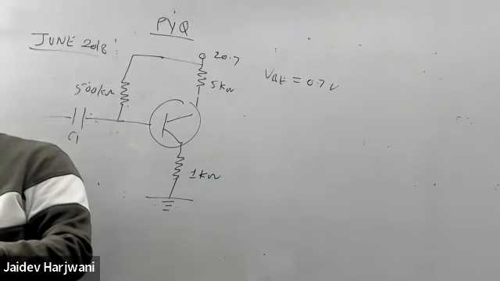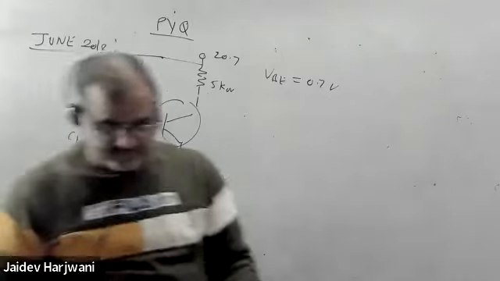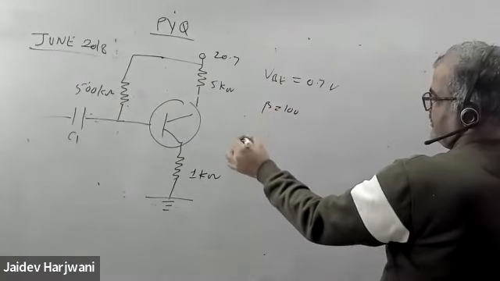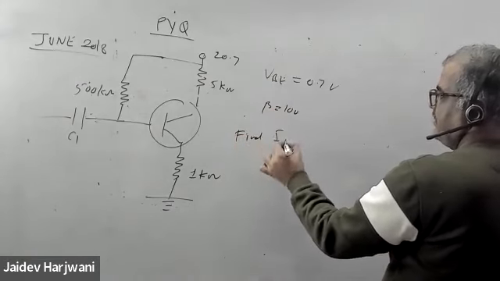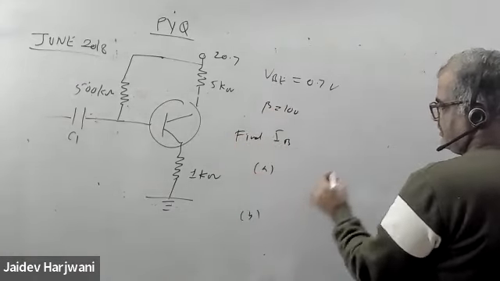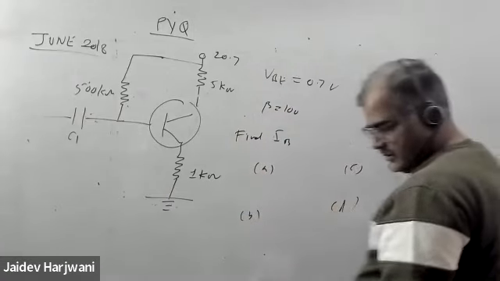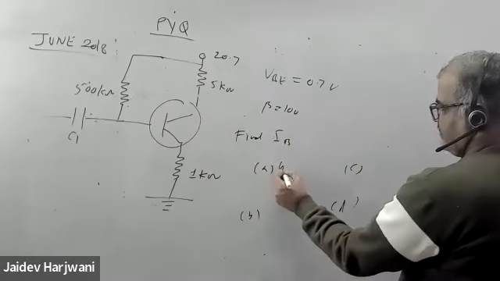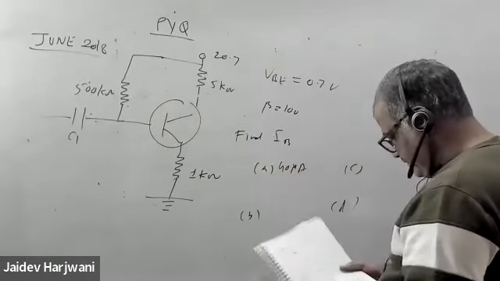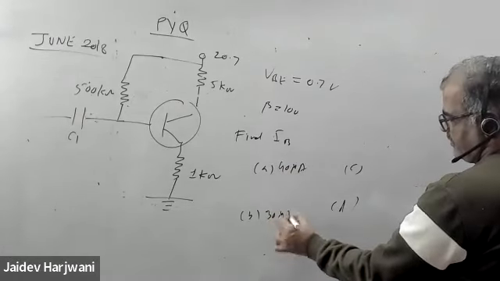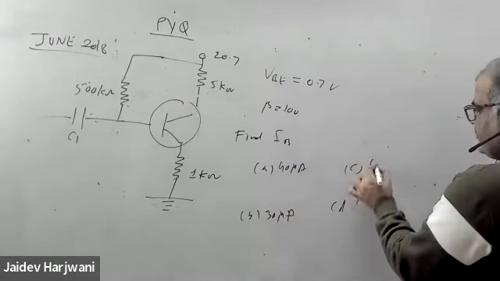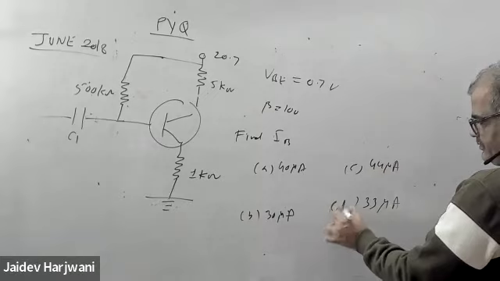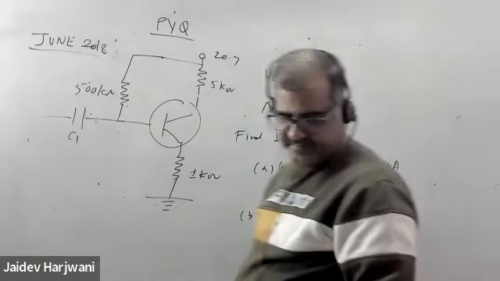Take beta as 100. They are saying find IB, and they have given the options A, B, C, D: 40 microampere, 30 microampere, 44 microampere, and 33 microampere. Which of the following is correct?